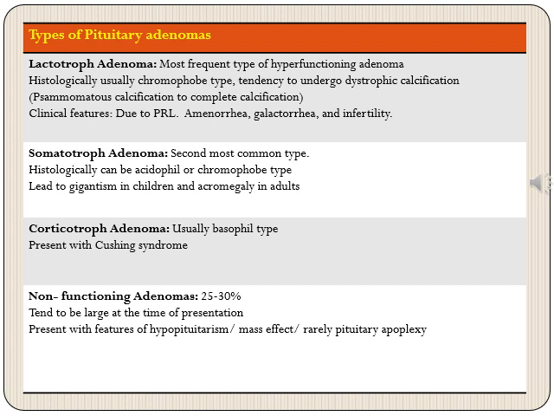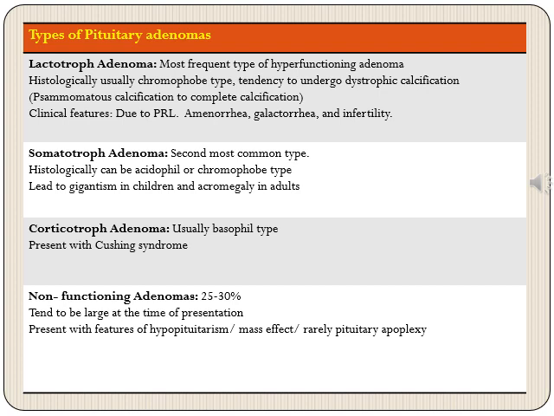Starting with lactotroph adenomas, these are the most frequent type of hyperfunctioning adenomas. Histologically, they usually have chromophobe cell type, and they also have a tendency to undergo dystrophic calcification. This can range from psammomatous calcification to complete calcification of the tumor, which is called a pituitary stone. As these tumors express prolactin, the symptoms seen in the patient are related to excess prolactin: amenorrhea, galactorrhea, and infertility.